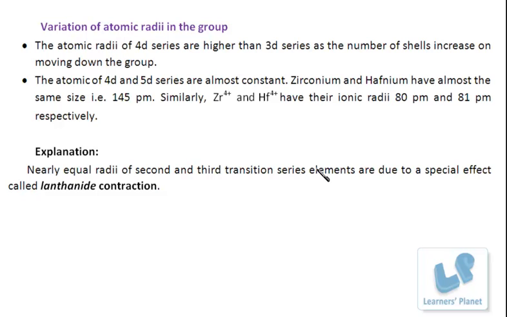We didn't see what happens down the group. The atomic radii of the 4d series are higher than the 3d series. Why? Because the number of shells is increasing. See, the general electronic configuration of 3d series elements is 3d 1 to 10 and 4s 0 to 2.